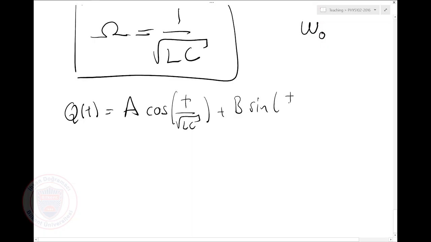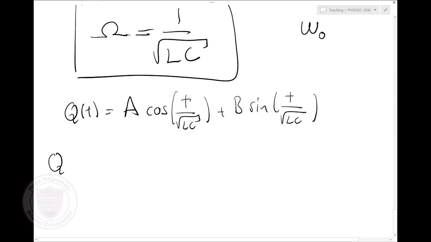What does that tell me? I have just found the frequency. I need to calculate A and B. Let's calculate that. So I said Q of t will be A cosine t over square root of LC plus B sine t over square root of LC.